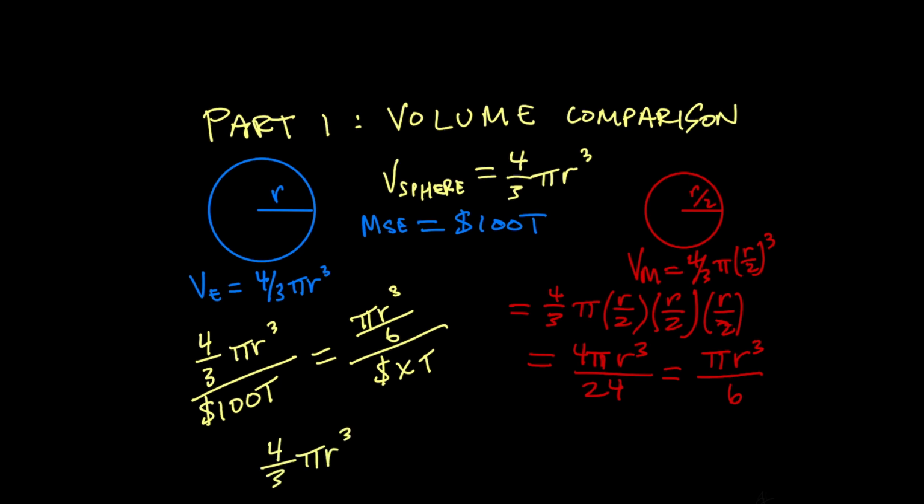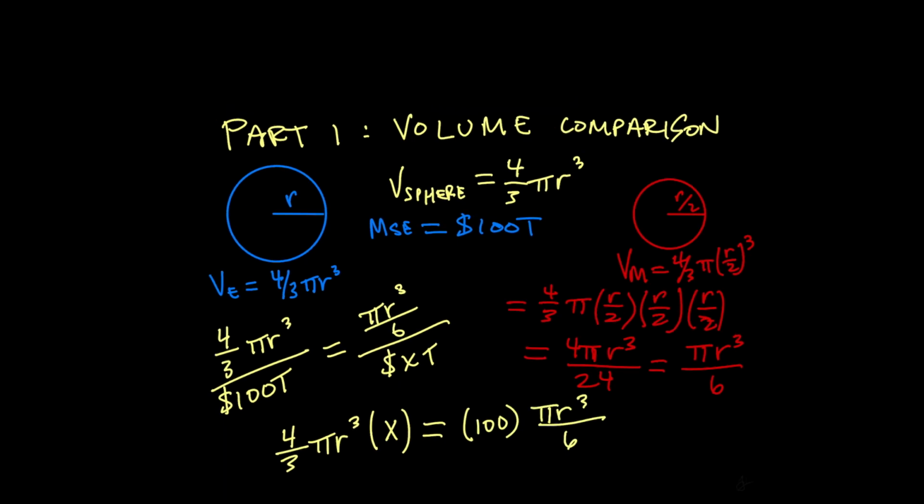So 4/3 pi r cubed times x equals 100 times pi r cubed over 6. We can then simplify this further by dividing both sides by pi r cubed, and we get 4/3 x equals 50 over 3, or x equals 50 over 3 times 3/4, and the answer comes out to be $12.5 trillion on Mars.